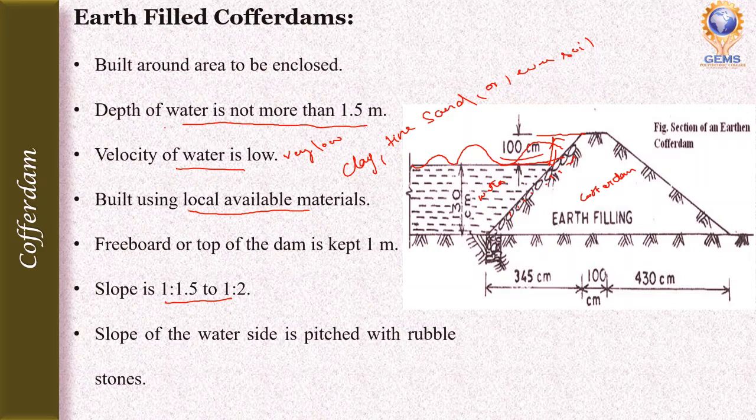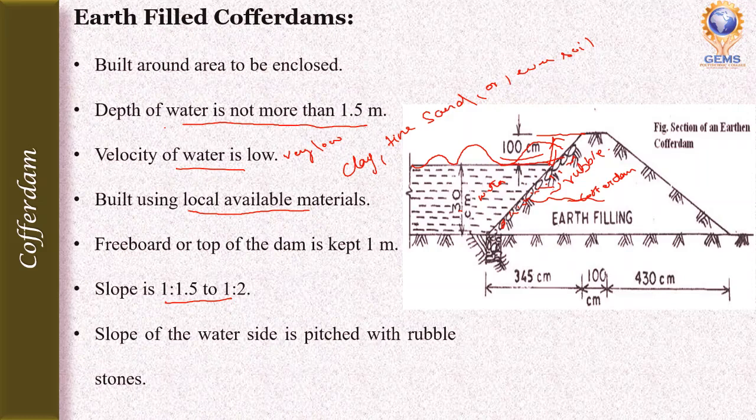See here, we have the cofferdam, and the water side area will be pitched with the slope. It is pitched with rubble stone. See here, there is a rubble stone. So why? Because of water action, sometimes what will happen? This water will erode the earth surface, and it will move into the embankment.